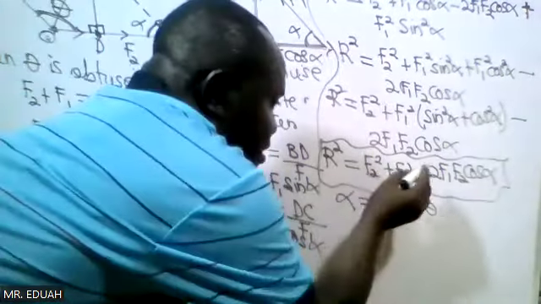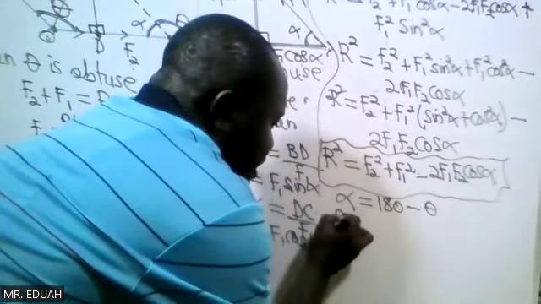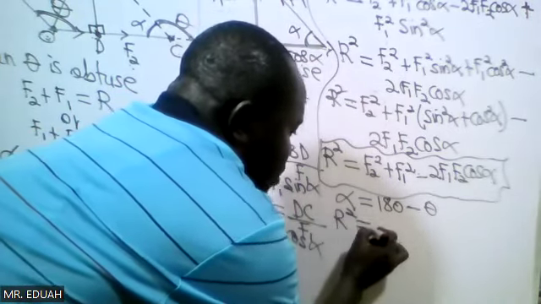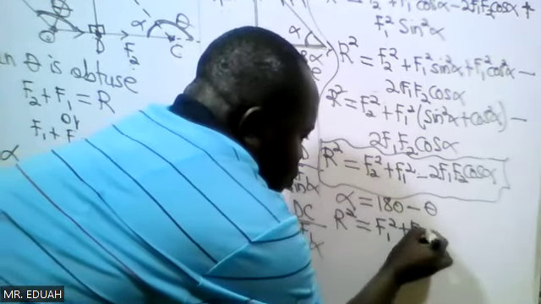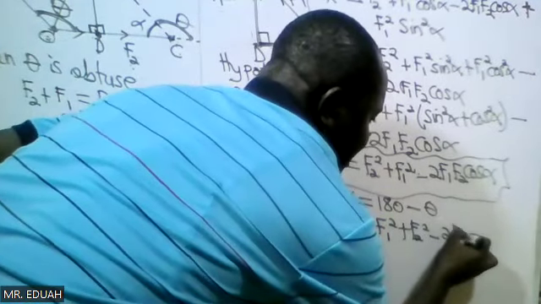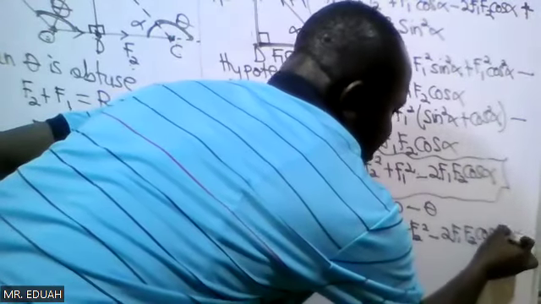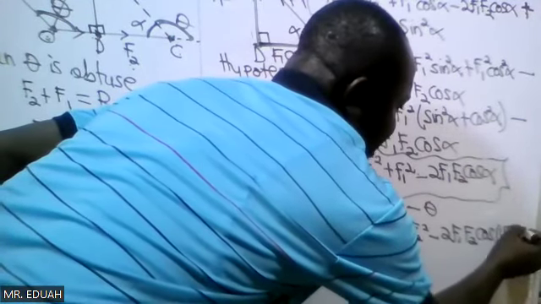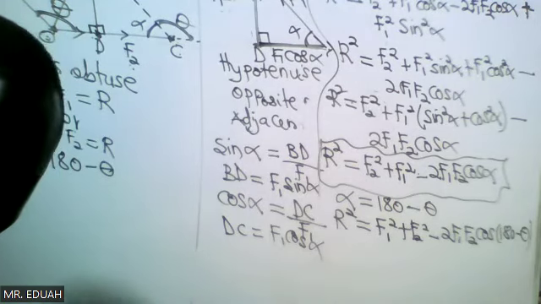So if alpha is equal to this, then when we substitute this in place of alpha, we can also get R squared is equal to F1 squared plus F2 squared minus 2F1 F2 cos(180 minus theta). Cos(180 minus theta) is equal to negative cos.